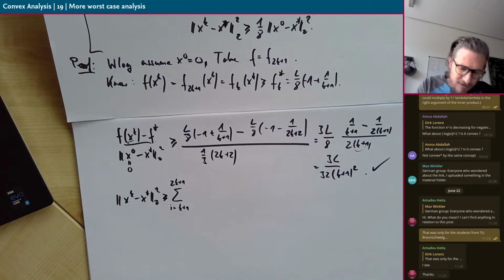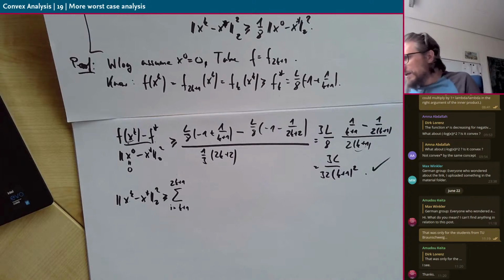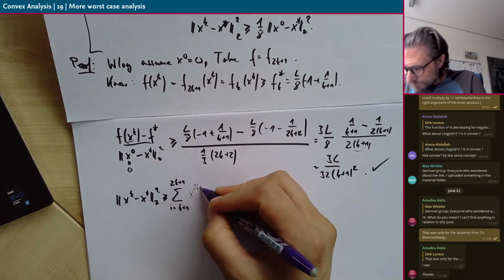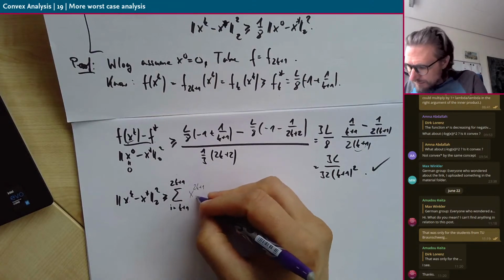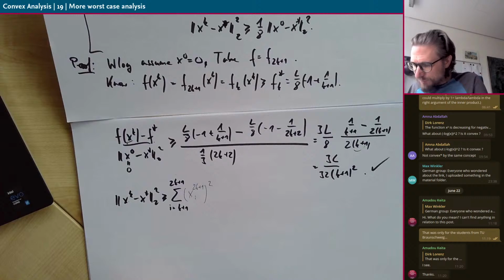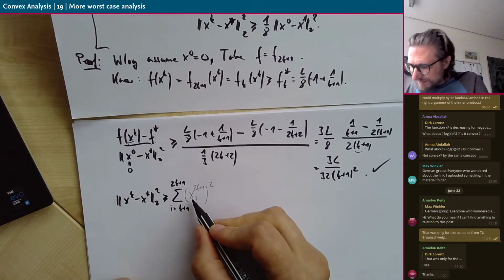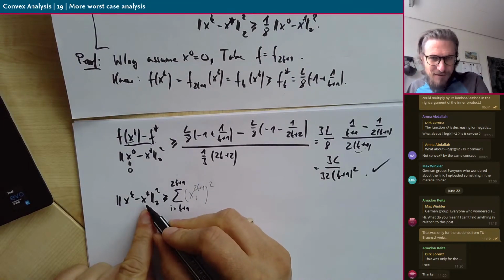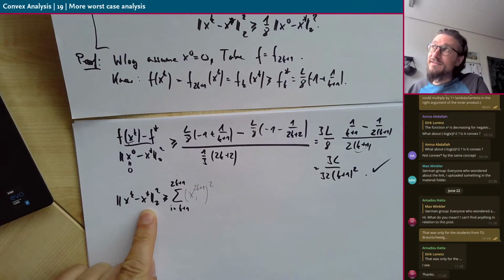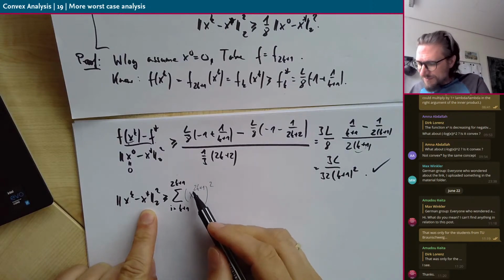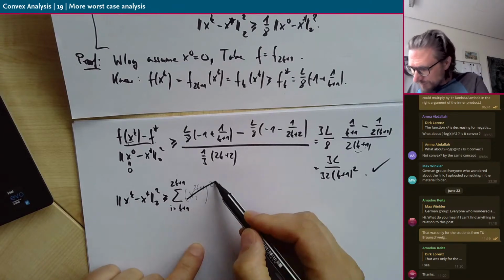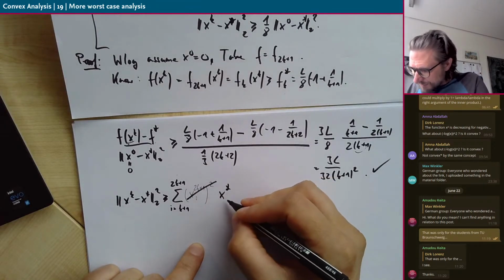Actually there's a typo in the lecture notes. In the lecture notes I have written x2k plus 1, i squared, but what I really mean here is the entries of x star. I think in the previous version of the lecture notes I denoted the minimizer of f2k plus 1 by x2k plus 1 up here, but now I need this 2k plus 1 as the index, so what I really wanted to write here was x star i.